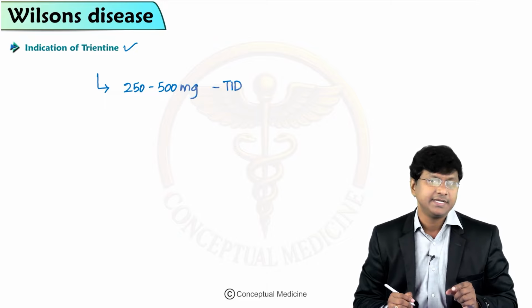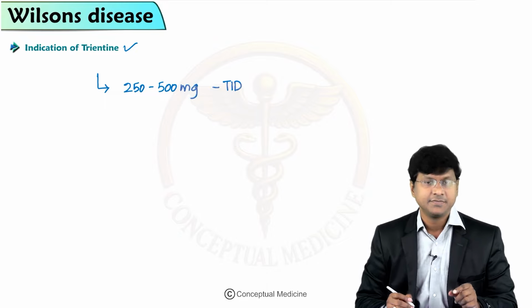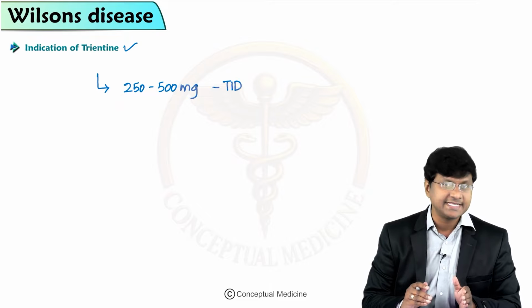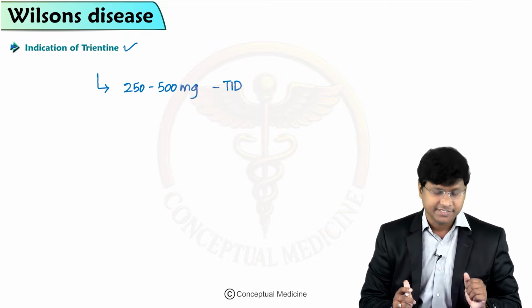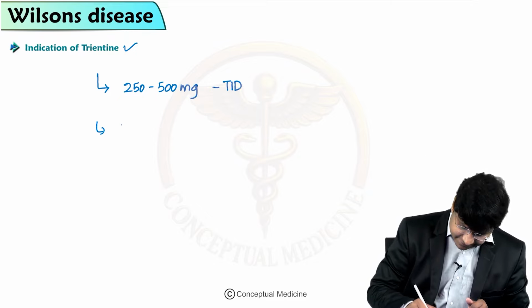Trientine is a copper chelating agent, and efficacy wise it is as effective as D-penicillamine, but with a lower rate of adverse effects.